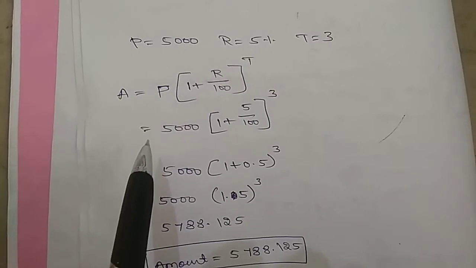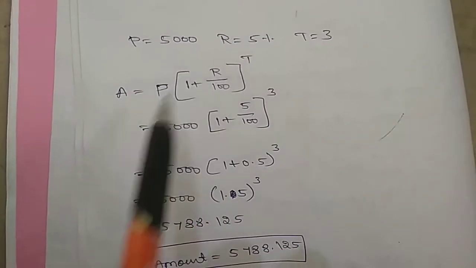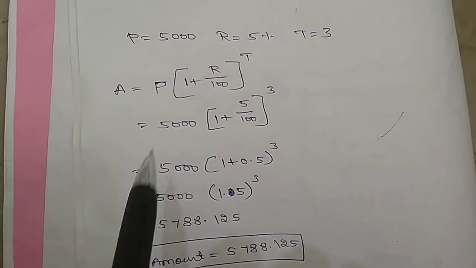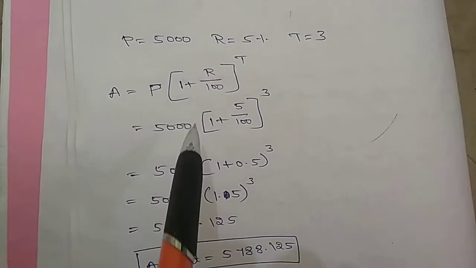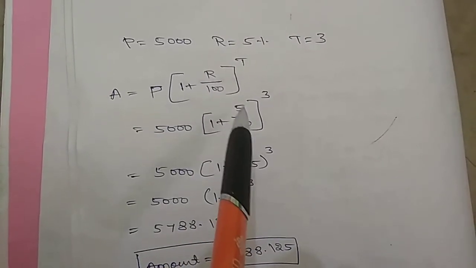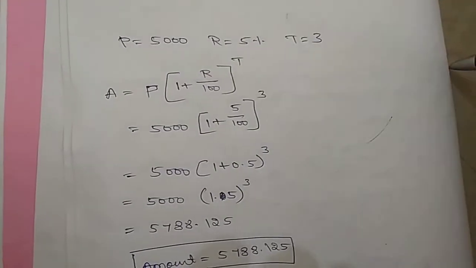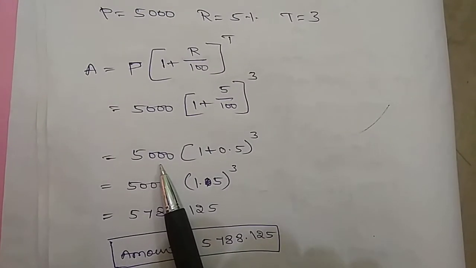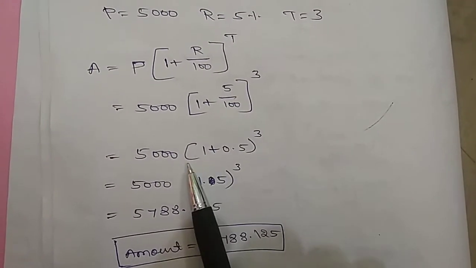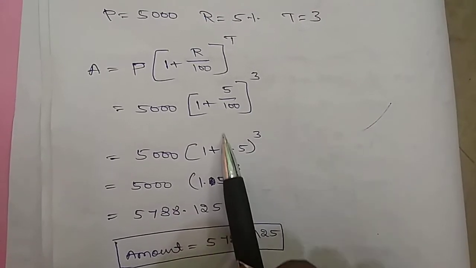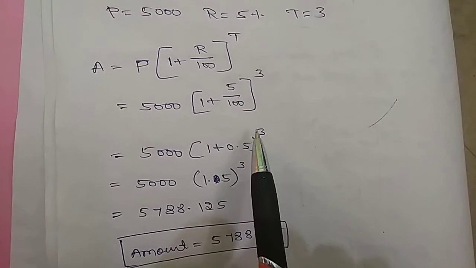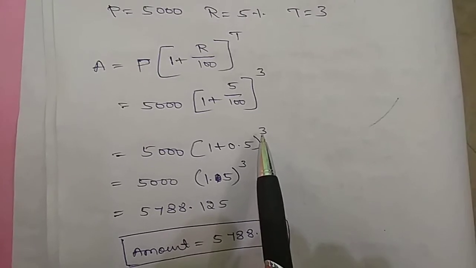By substituting the values into the formula, 5,000 into 1 plus 5 divided by 100, to the power of 3.